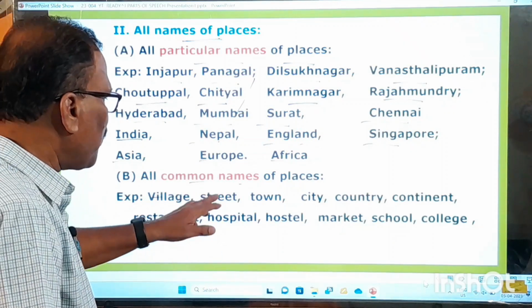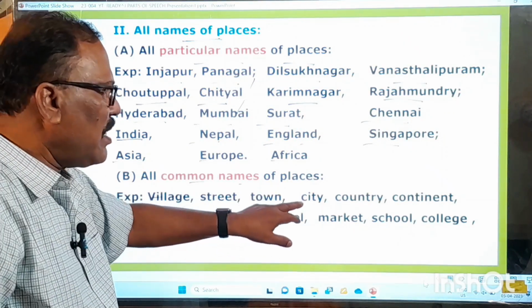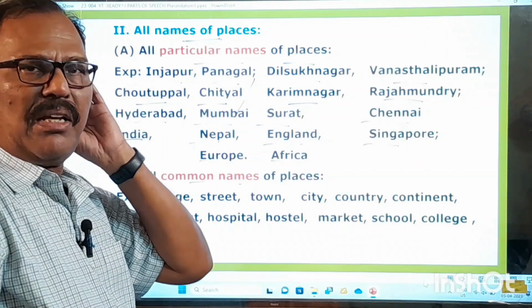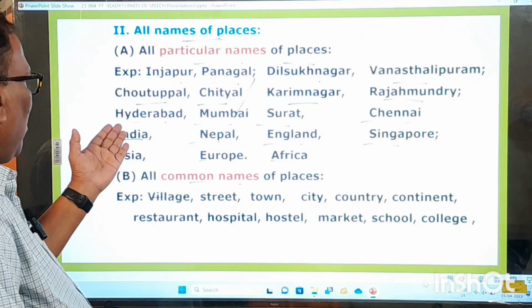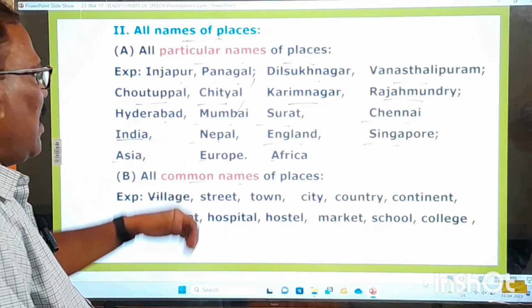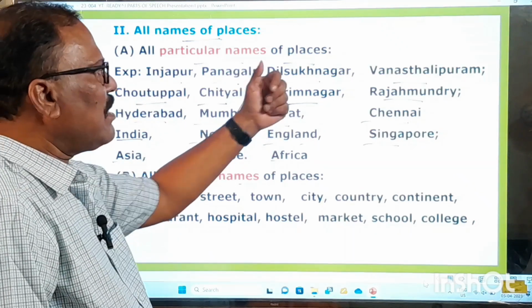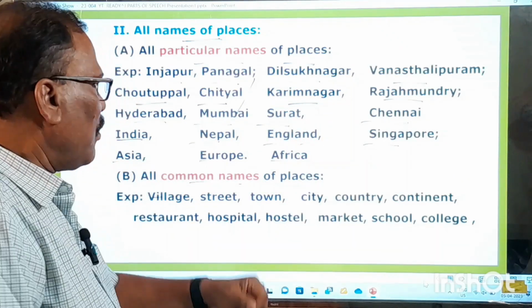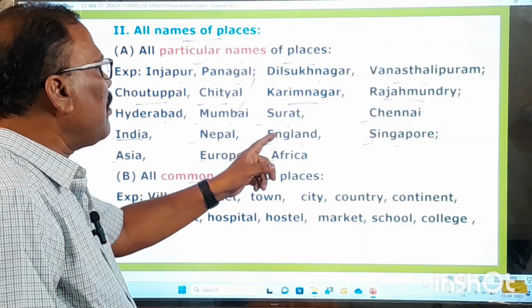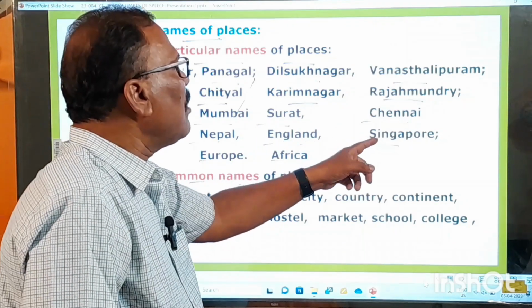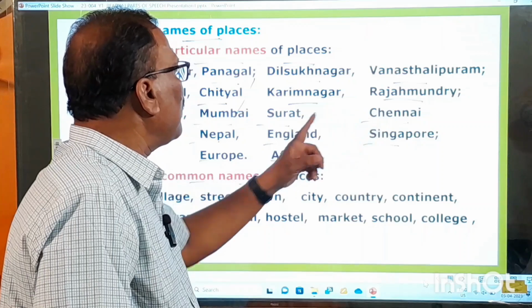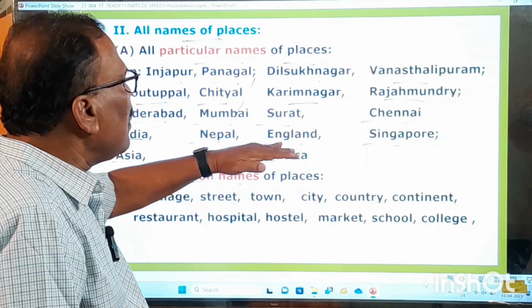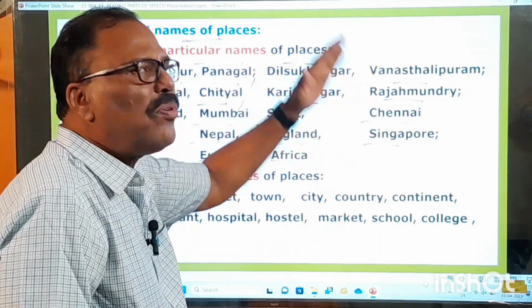And here street is there. Town, city, country. India is a country, Nepal is a country, England is a country, Singapore is a country. But going to England, you cannot call it Singapore, and going to Singapore, you cannot call it England, because England is its own name and Singapore is its own name.